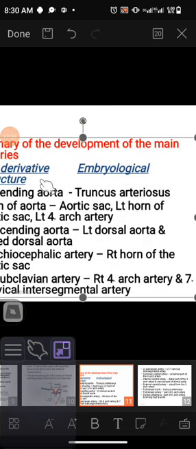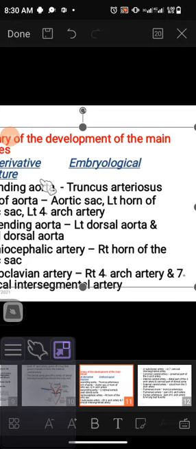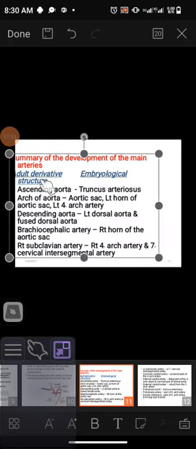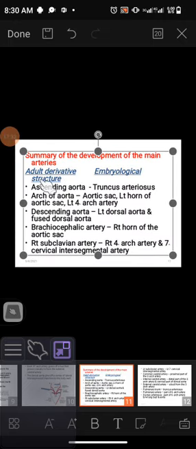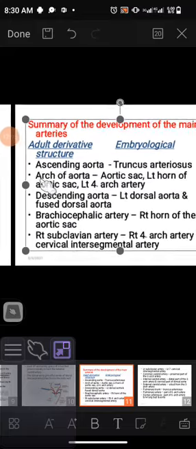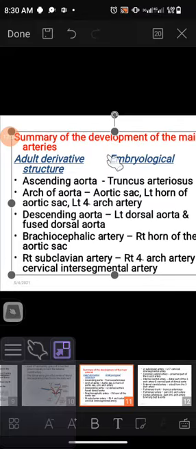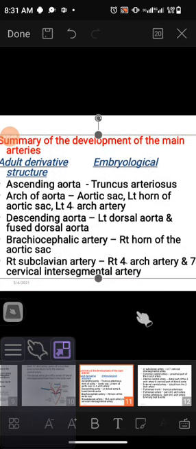It's at the right horn of the aortic sac. And the right subclavian artery is going to come from the right fourth arch artery and the seventh cervical intersegmental artery.